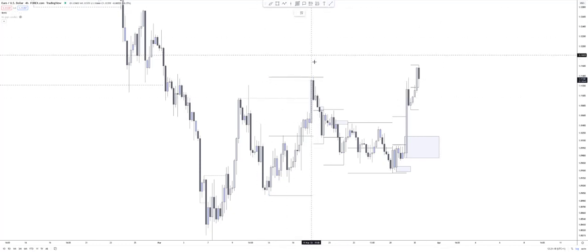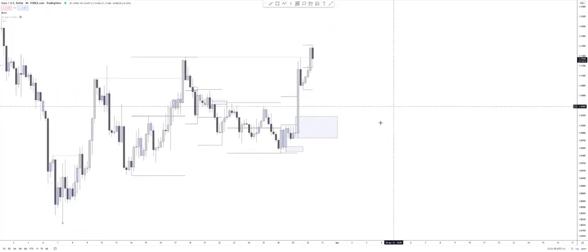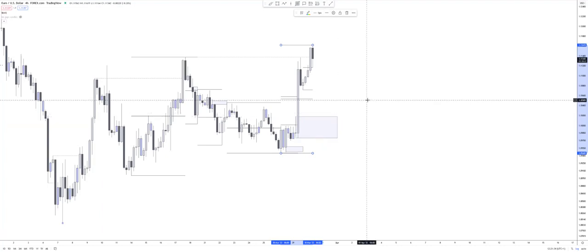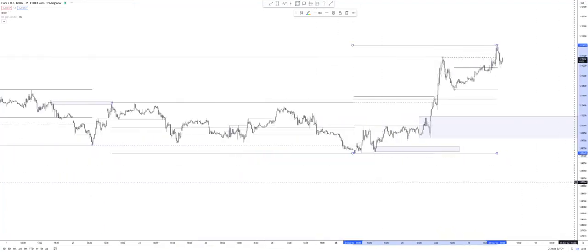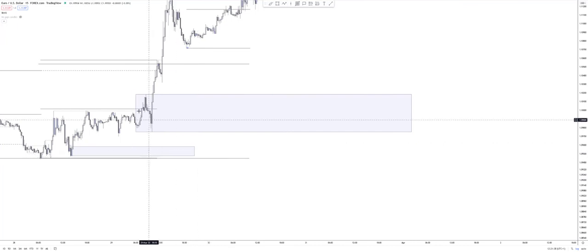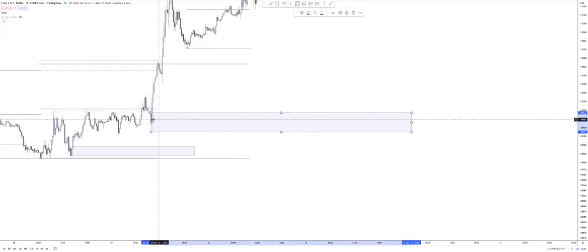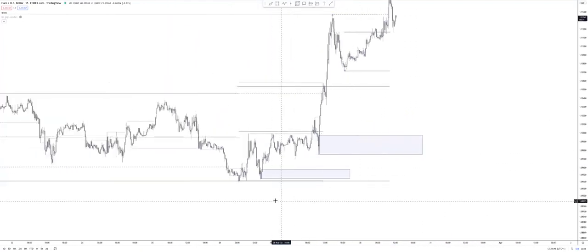So if I just draw that on there, if price were to come back down on the 4 hour, this would be well into the discount of that, and it's just a case of refining down on the 15-minute time frame to a smaller zone, which would make sense right here.